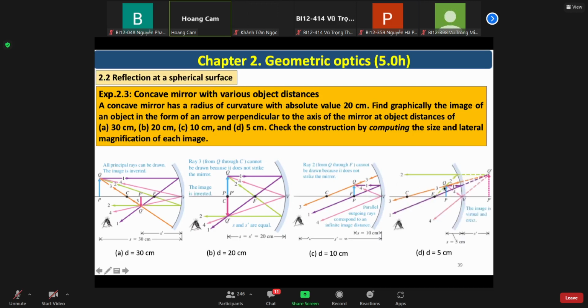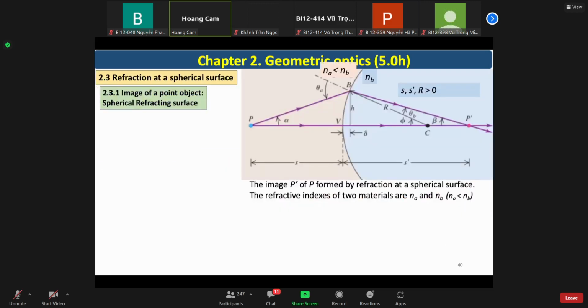And then if we shift the object closer to the surface, in that case the image is virtual, erect, and larger than the object. You see here. You can draw it later on at home as well. Now we will move to the next session in which we will deal with refraction at the spherical surface.